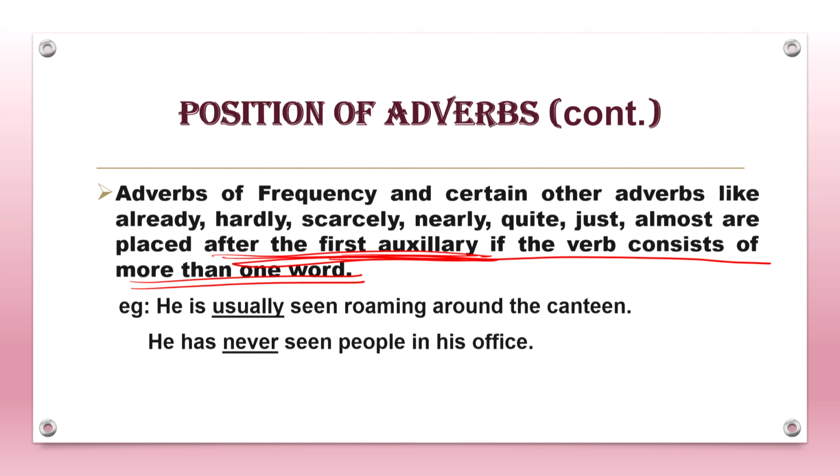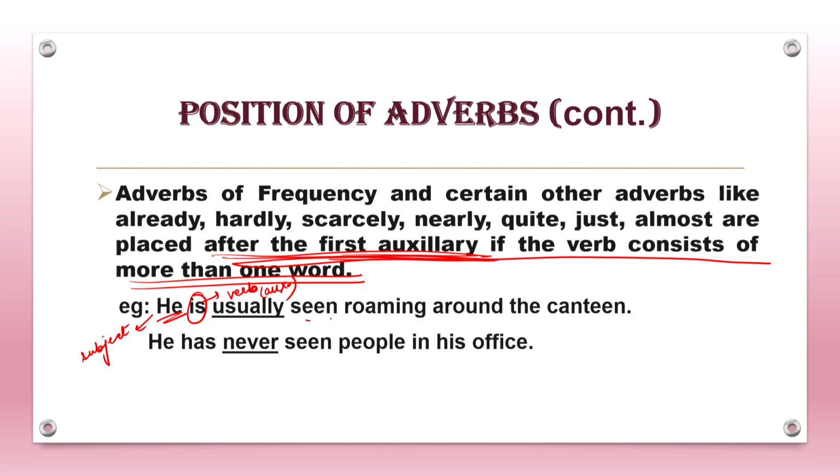Now, let us understand it with the help of an example. He is usually seen roaming around the canteen. So, here he is your subject, is is your verb, it is your first auxiliary verb.